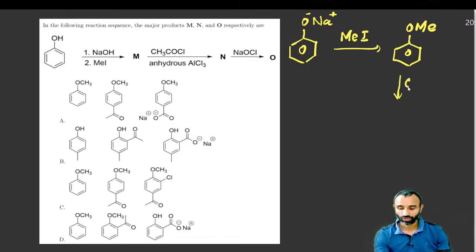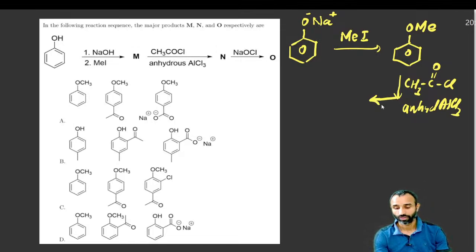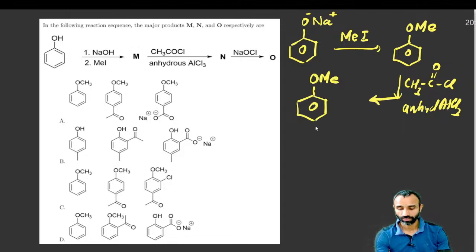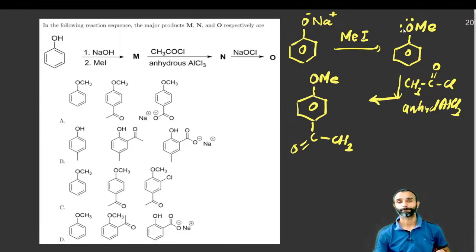Now, when methoxybenzene is treated with, again, Friedel-Crafts acylation, yes, we will get para isomer. The major isomer is para. We get both the isomers, but major one is para, because OCH3 has which effect? Plus R, due to the presence of lone pair.